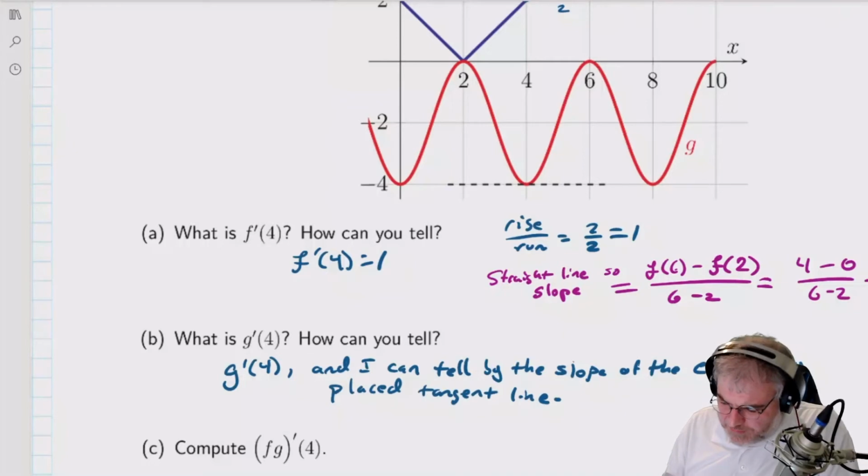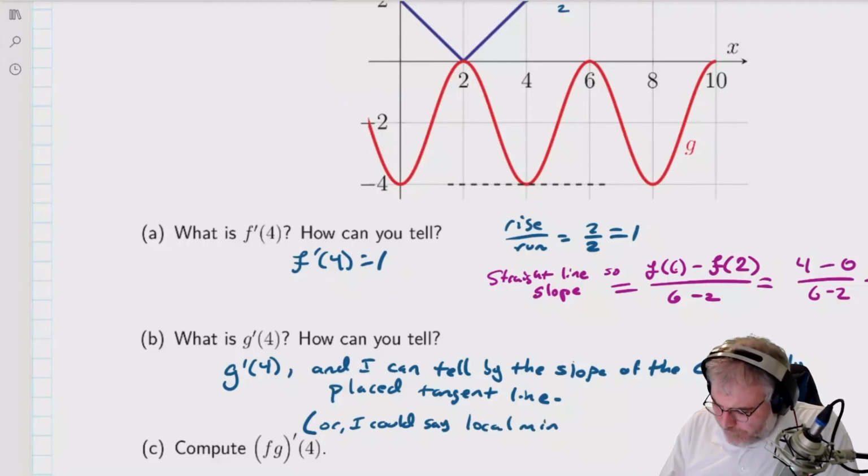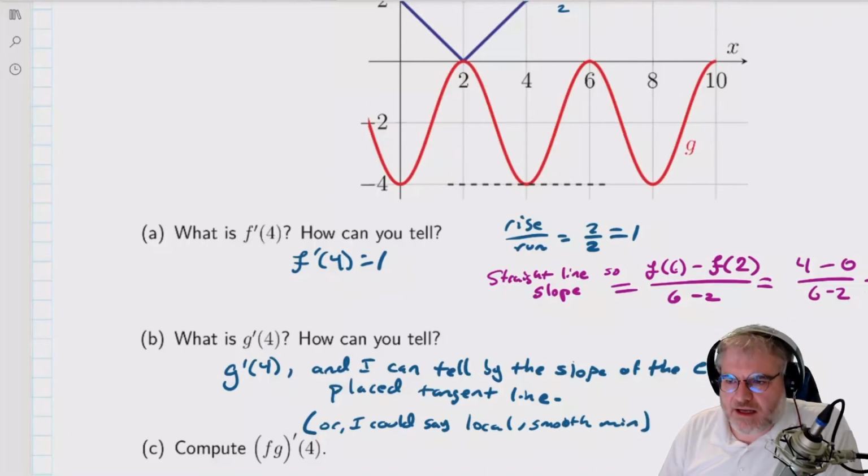If you've had calculus before, you will know that you could have also said local min, or just a min. Any of those things would have worked. G prime of 4 equals 0, and I can tell by the nice little slope.